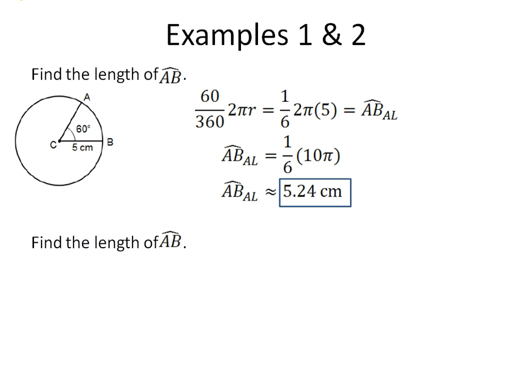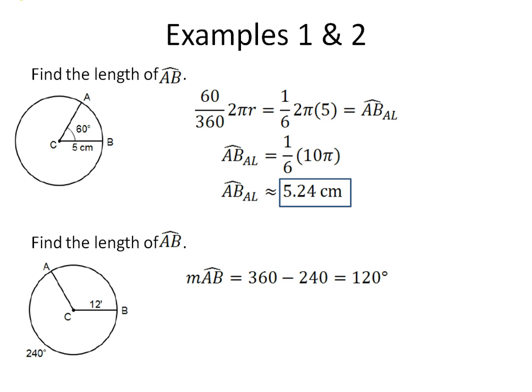Okay, example 2 says they want us to find the length of arc AB in this circle. This circle has a different measurement. Notice that the radius here is 12 feet, and they didn't give us the angle for the minor arc, which is what we're actually looking for, but they gave us the major arc angle, which is 240 degrees.